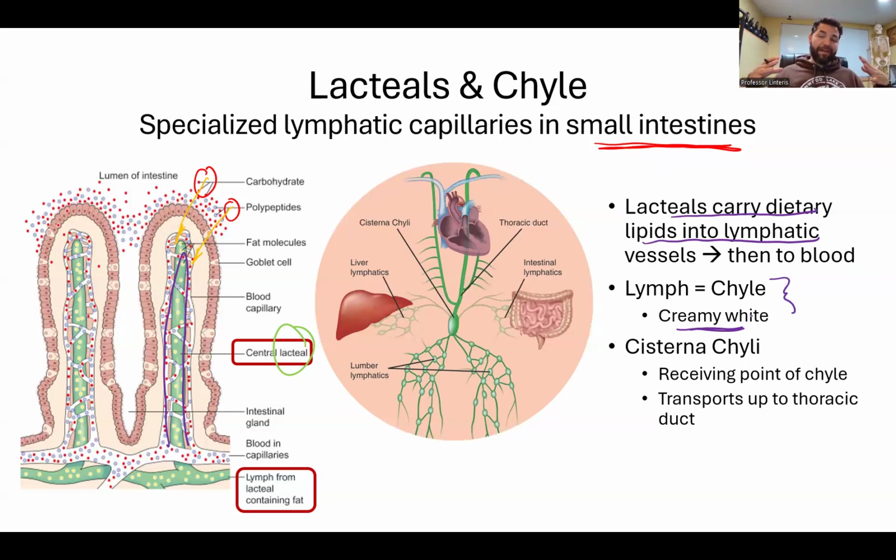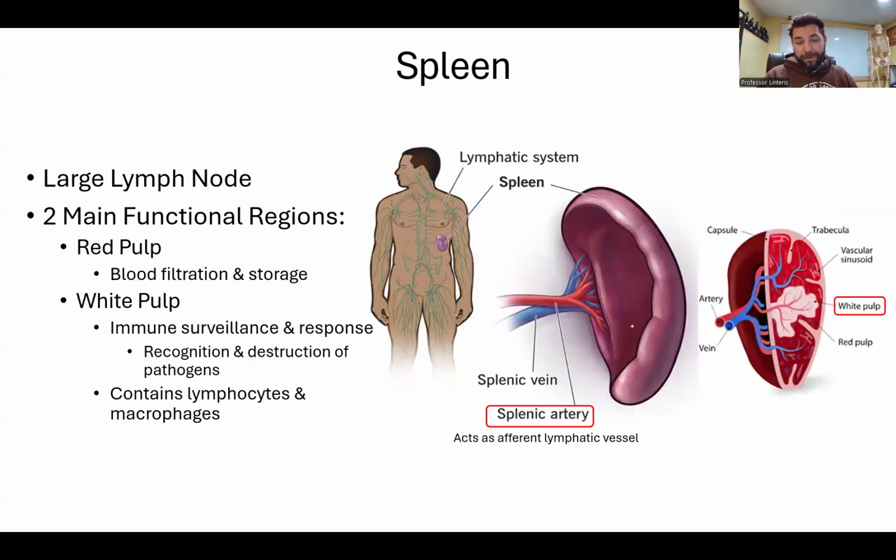As all of this stuff gets sucked out of the digestive system, it goes to the structure we mentioned previously called the cisterna chyli. That is the receiving point of all that stuff that's getting absorbed, sends it up to the thoracic duct, and you're good to go. Same pathway we saw before.